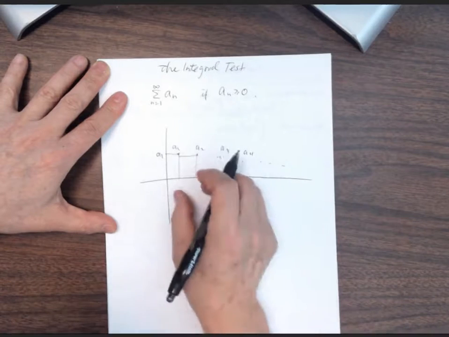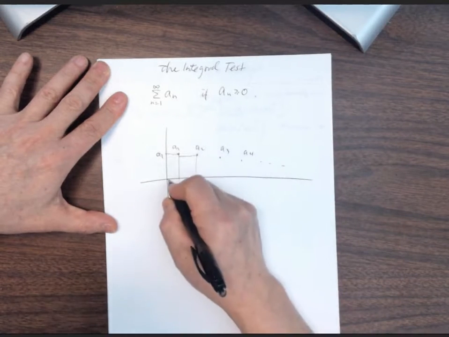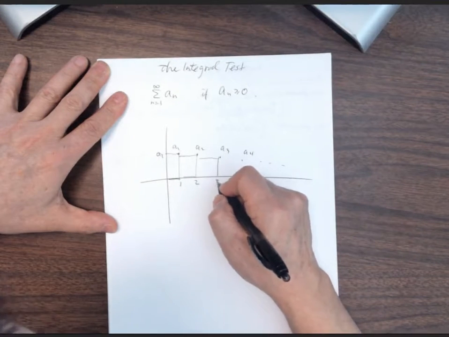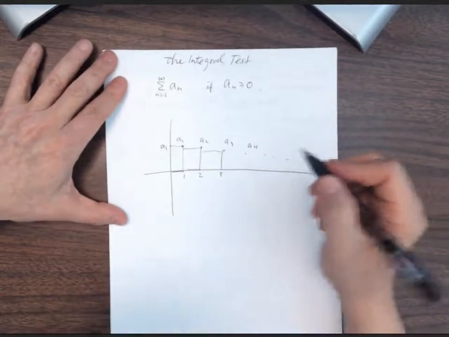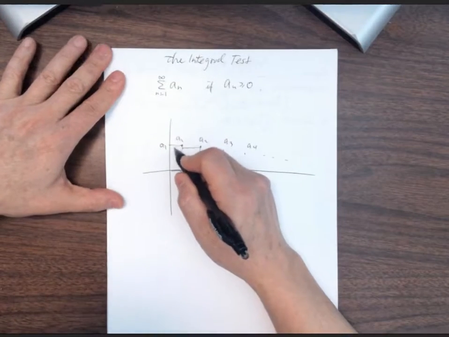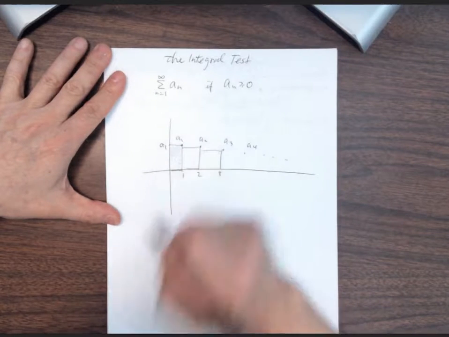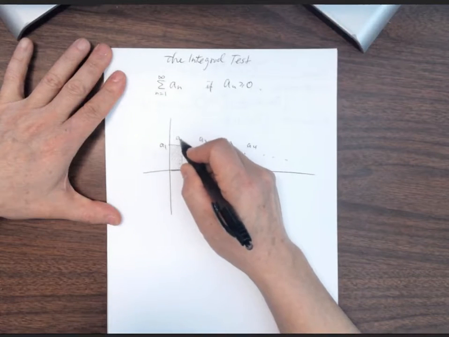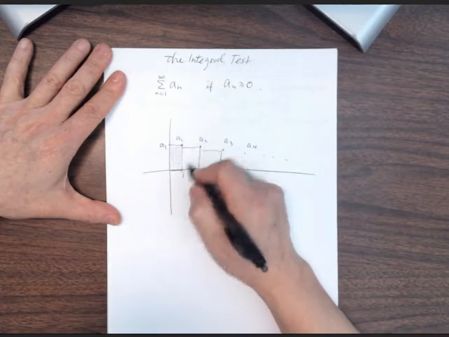Well, the width should be the same, because this is n equal to 1, n equal to 2, n equal to 3. My drawing is a little off scale, but you understand. So the first rectangle, numerically the area of this rectangle is the same as A1. So value A1 actually represents the area of the rectangle.